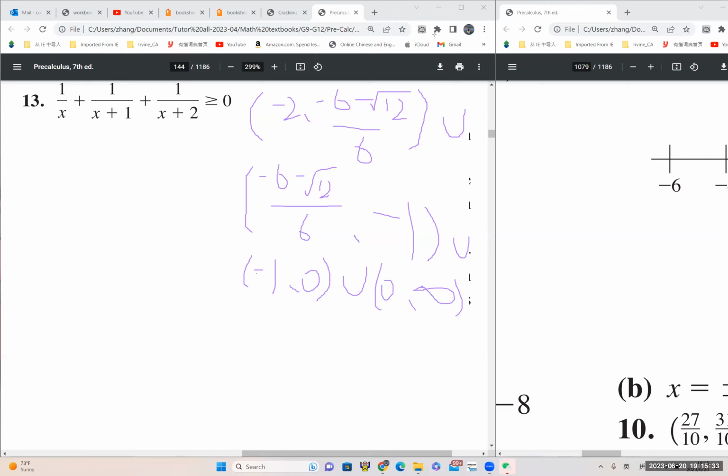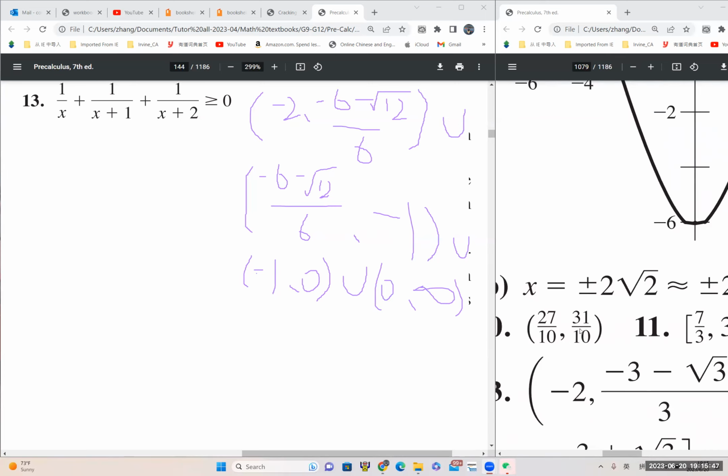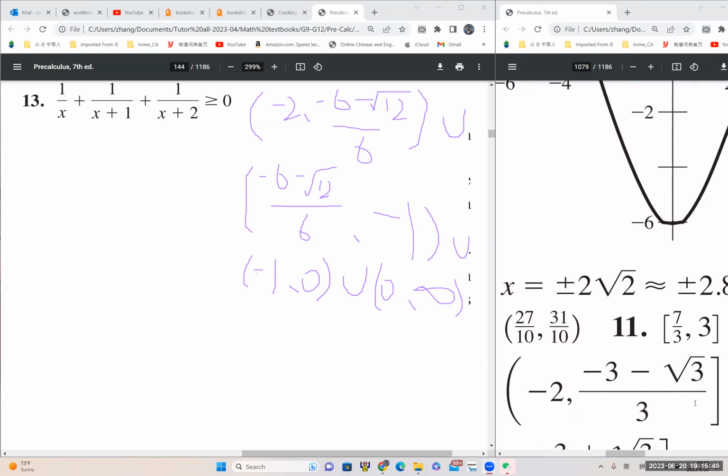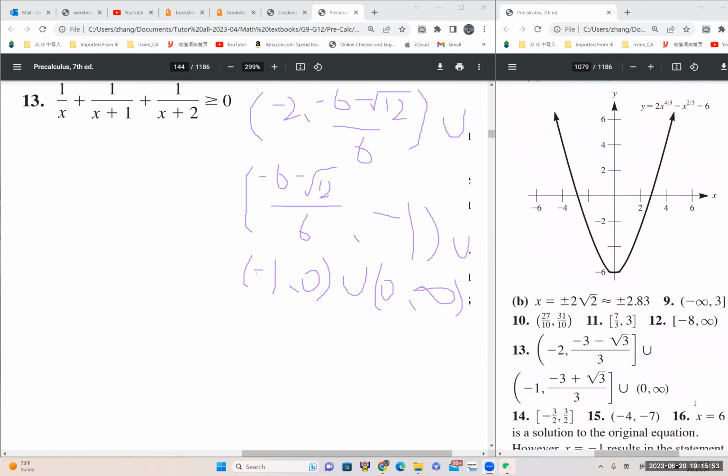We can check the answer first. They just tell us the answer, but do not show us how to get it, right? So we can check first, no problem. And this is just simplified. Combine this, let's say -2.